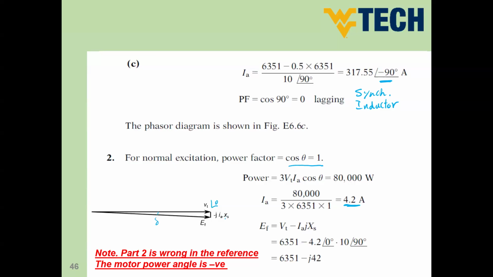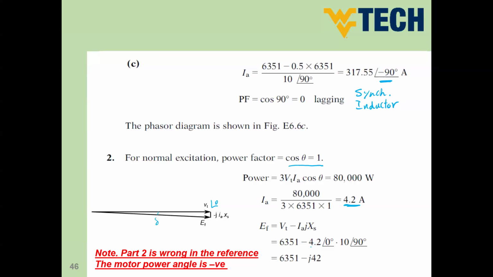Okay, please guys take care that this part of the example is solved incorrectly in the reference, in the textbook. I don't know why by mistake they get the result here as like as generator, not a motor, and they provide the power angle delta in positive sign, and they draw the phasor diagram for a generator, not for a motor.